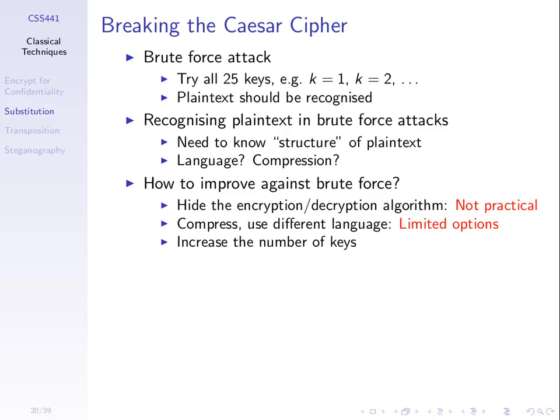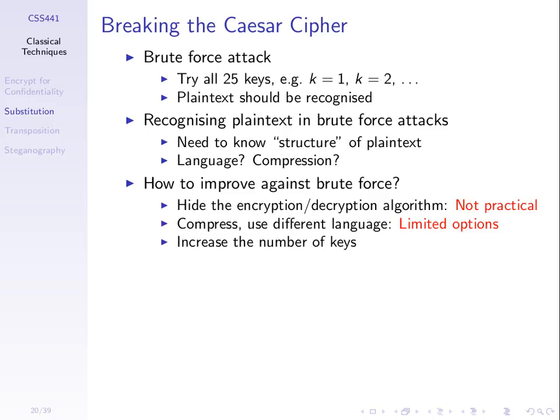Another thing could be to compress the message before we encrypt so that the frequency of characters changes. But again, if the attacker can guess the compression algorithm, zip, rar, or 7z or whatever, different compression algorithms, then they can try that and do a brute force attack. Use a different language, same problems occur. There are not many languages we could try.